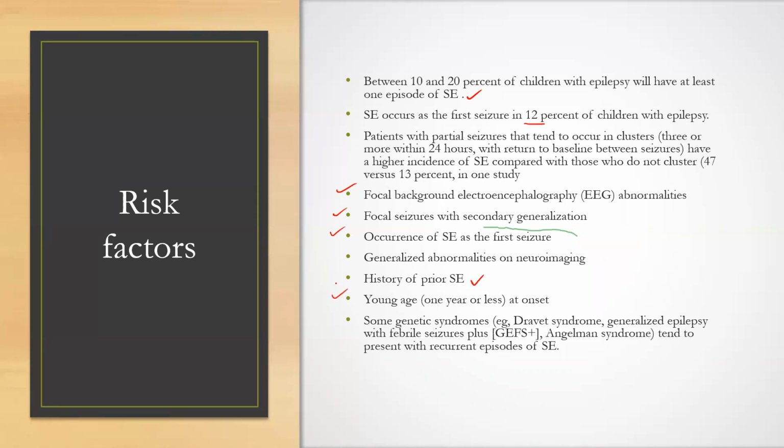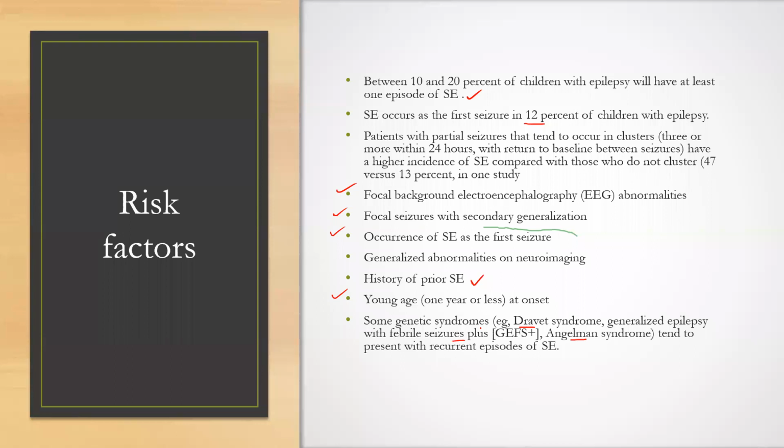And obviously, an underlying genetic factor or a genetic syndrome like Dravet syndrome, wherein you have a combination of febrile seizure as well as afebrile seizure, or any other genetic syndrome which predisposes for status epilepticus, like children with Angelman syndrome, are also prone for multiple seizures or febrile seizures plus. So all these genetic syndromes also predispose the child to have an increased incidence of status epilepticus.